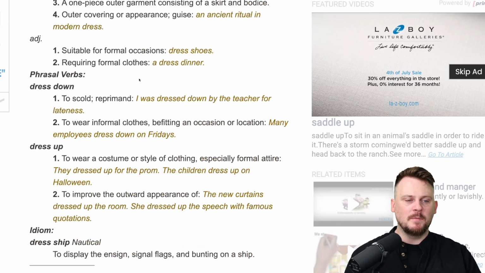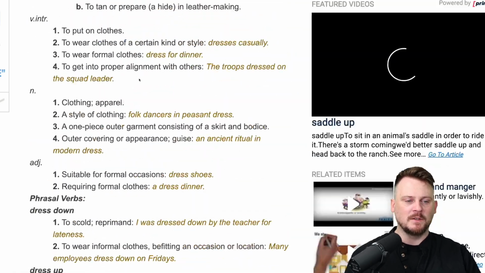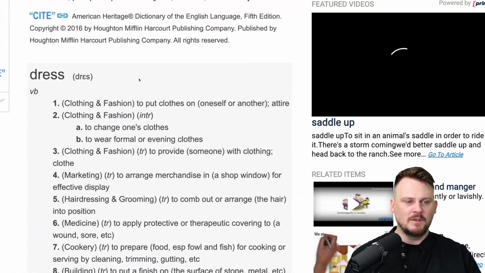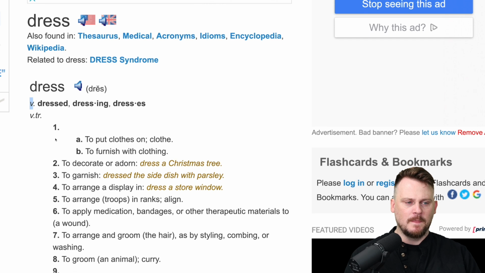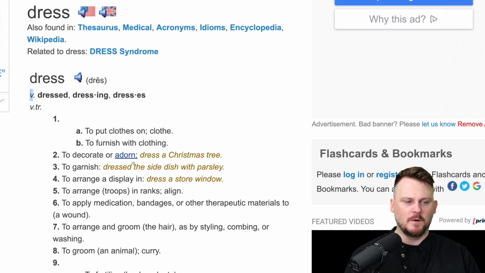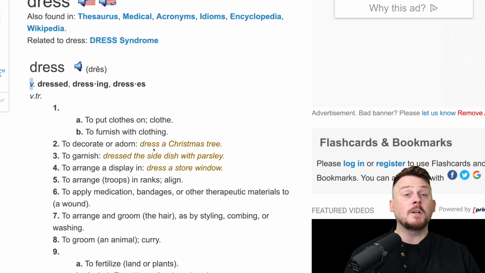You see, it's not as simple as just one thing and, oh, that's what it means. There's a lot here. So let's try to explore it. The first one is a verb, and it's saying also that it's a transitive verb here below. Okay. To put clothes on, to furnish with clothing.